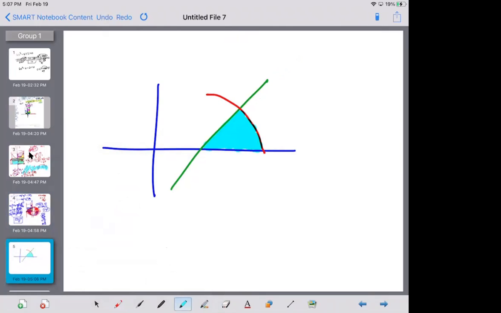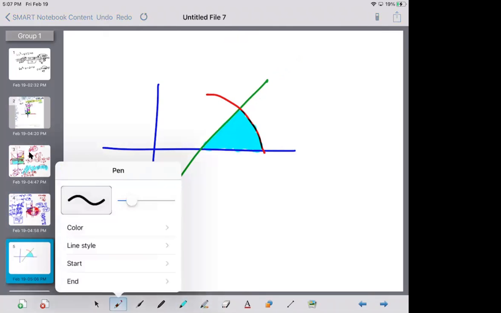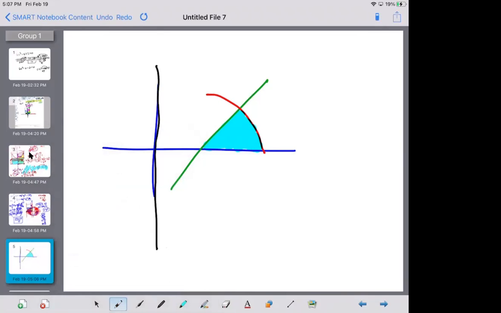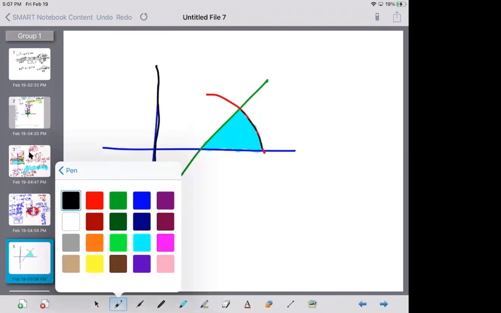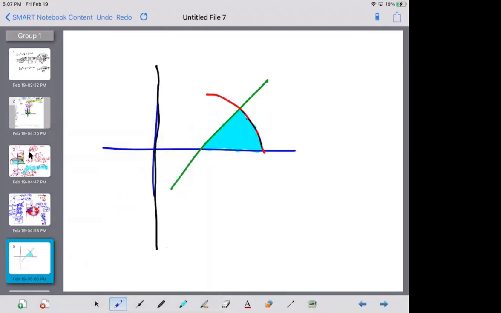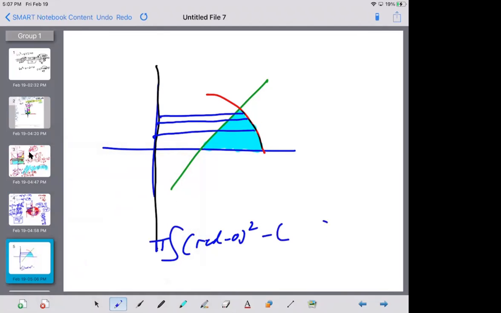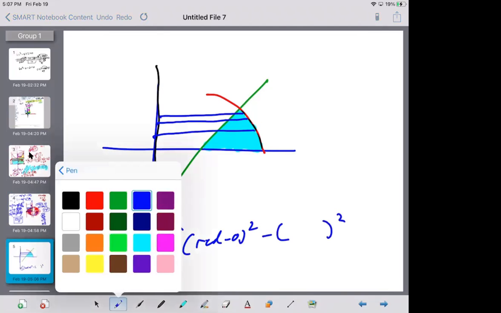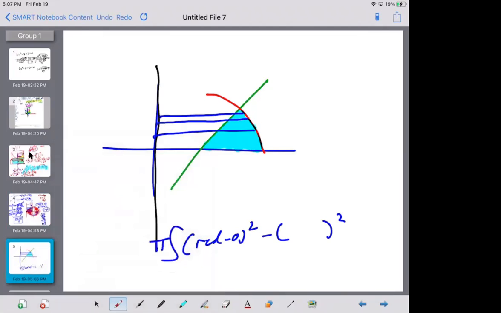And let's say you're going around the y-axis, so I'll make that black. So I would have washers. I would have red minus 0 squared, and then on the inside I'm going to subtract off. Don't forget your pi. Remember how many times I've said that, and I almost just did it. Then we want to come back and scoop out this green minus 0 squared, whatever's the green.